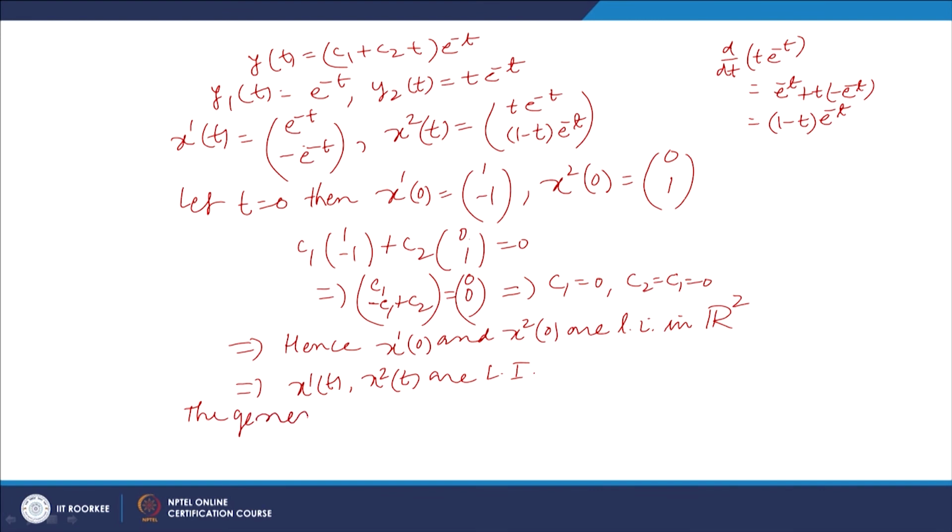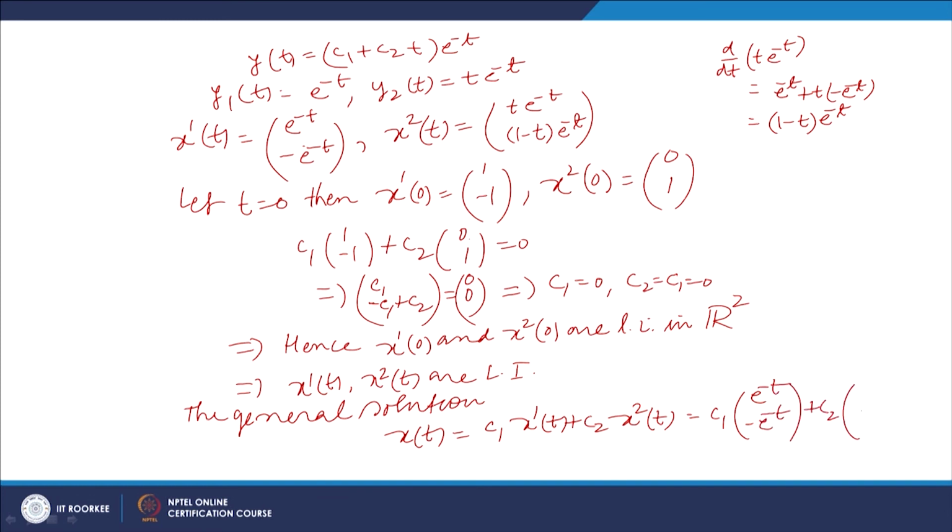The general solution is x(t) equal to C1 times x1(t) plus C2 times x2(t), which is equal to C1 times (e to the power minus t, minus e to the power minus t) plus C2 times (t e to the power minus t, 1 minus t e to the power minus t).